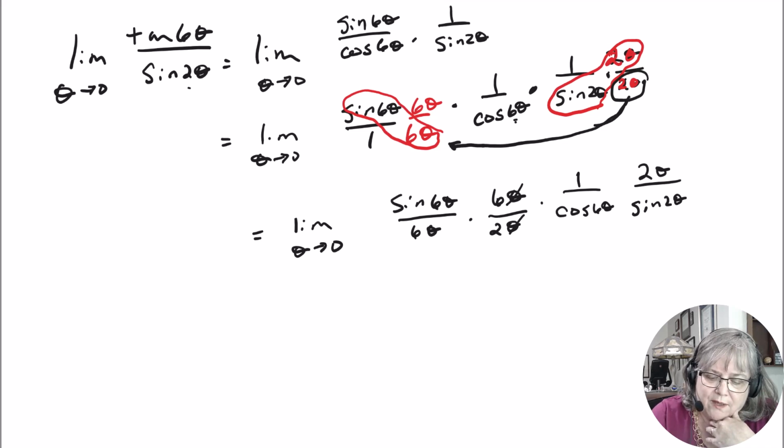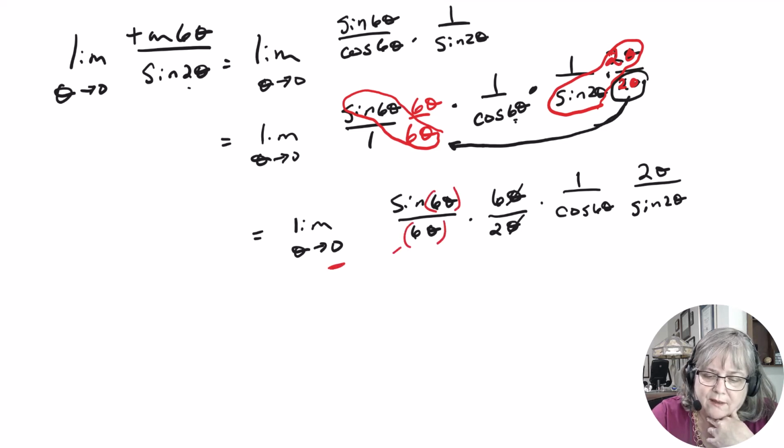Now, according to this definition of this trig based on the squeeze theorem, as I go off to 0, sine of 6 theta over 6 theta goes to 1. This 2 theta over sine of 2 theta goes to 1. So what I've got is the limit as theta goes to 0 of 1 times 6 over 2.